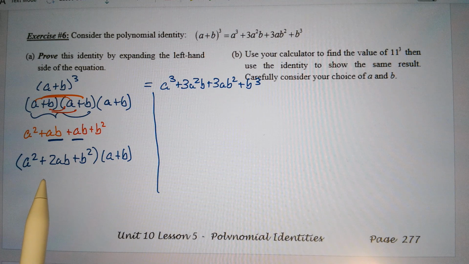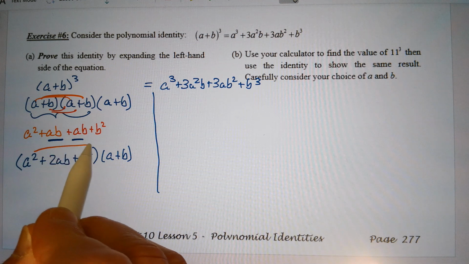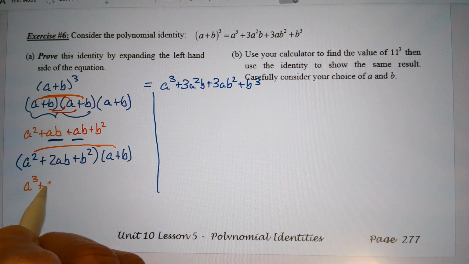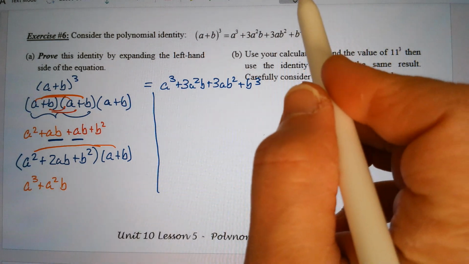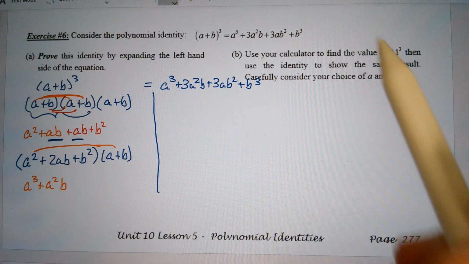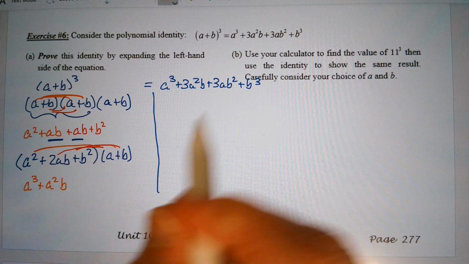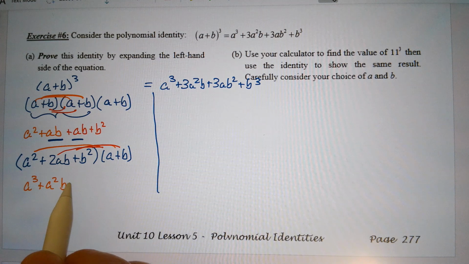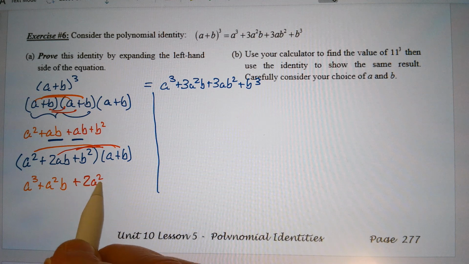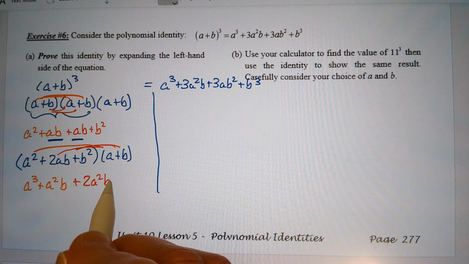Now I'm going to distribute. I'll go with a squared times a plus b. We get a to the third plus a squared b. 2ab times a plus b: plus 2a squared b, and 2ab times b is 2ab squared.